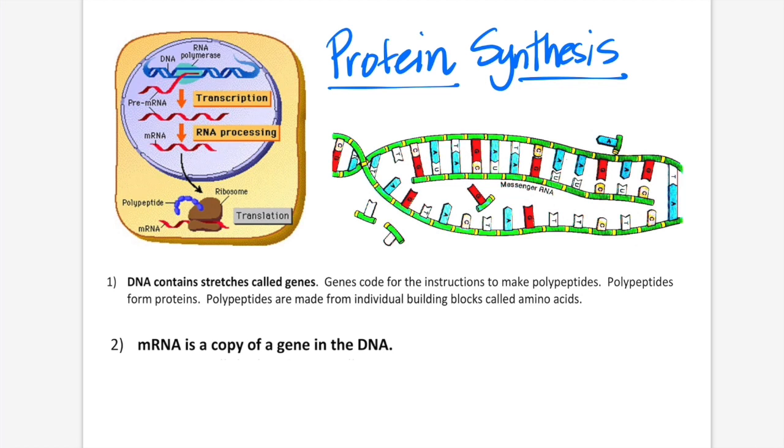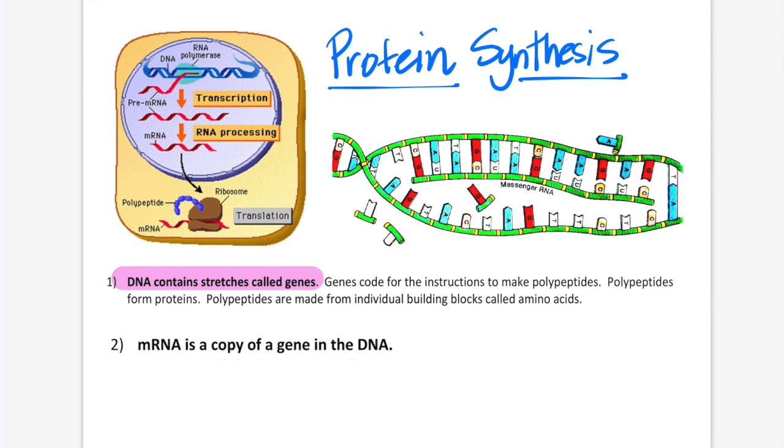So let's look at what we already know. What we already know is that DNA contains stretches called genes. And our genes are wound up into a double helix. And when we pull that apart, we stretch it out, we're going to have genes. And those genes code for the instructions for different things in our body.